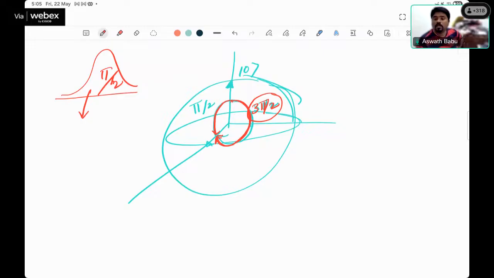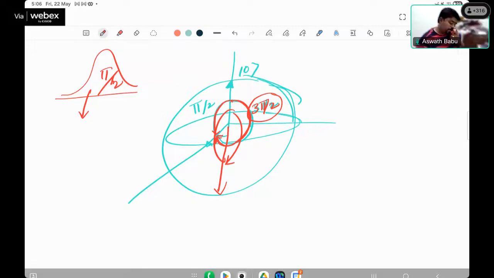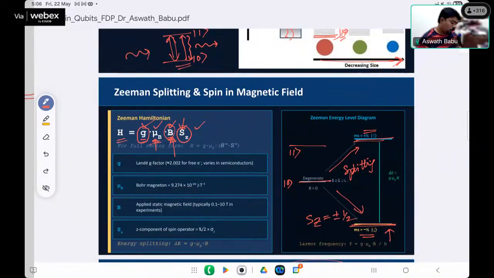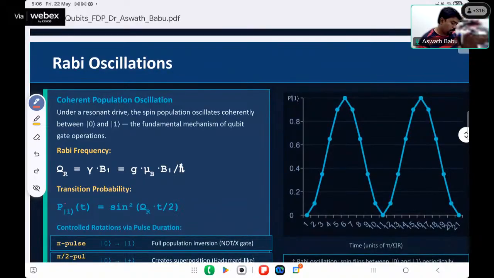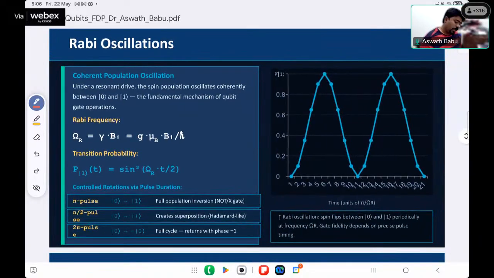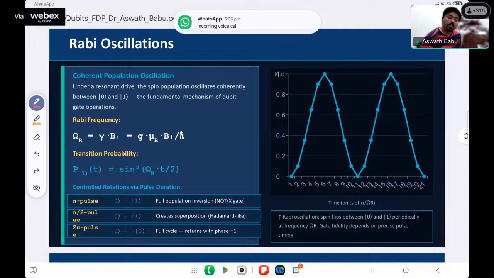Okay, then the X gate. In the X gate case, more or less it is the same, whether it is clockwise or anti-clockwise, because it is going from 0 to 1. Okay, for a reference book on solid state physics, I have it in my PPT. You can go through it. Then let me go further. This is an electron going up spin and down spin. It's like an oscillation. So these are called Rabi oscillations.